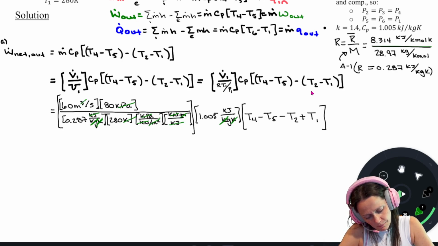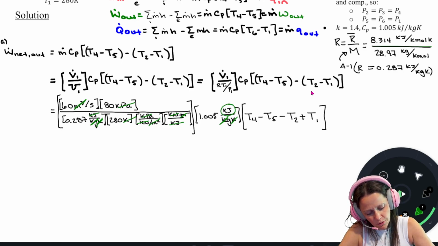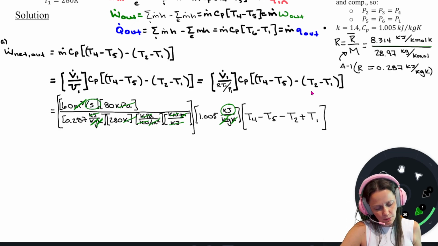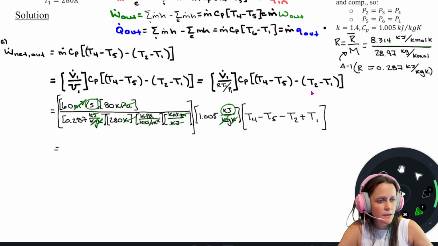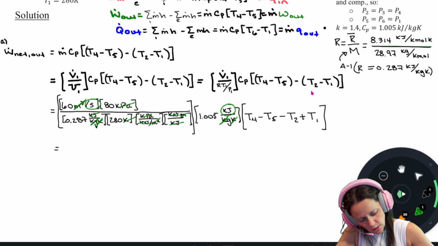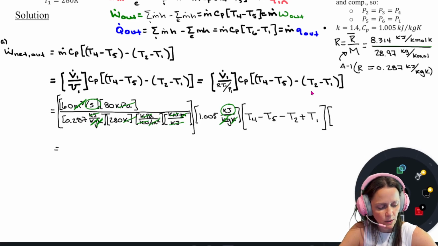Those meters will cancel out. I should be left with kilojoules per second. Is that what I'm supposed to find? We should get something in kilojoules per second, and I'm supposed to find it in megawatts.